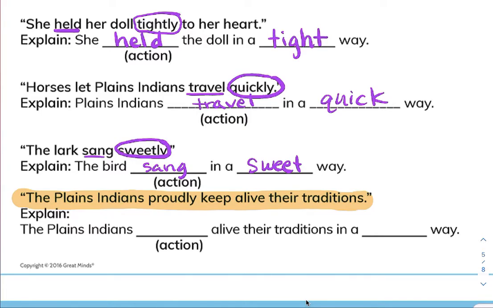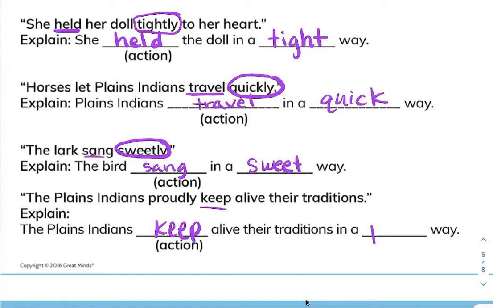What is our verb in this last sentence? Good, it's keep. Something that they do. Plains Indians keep alive their traditions in what way?